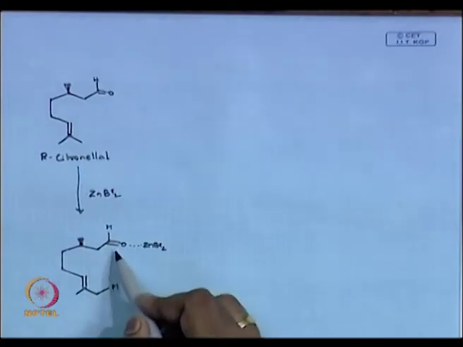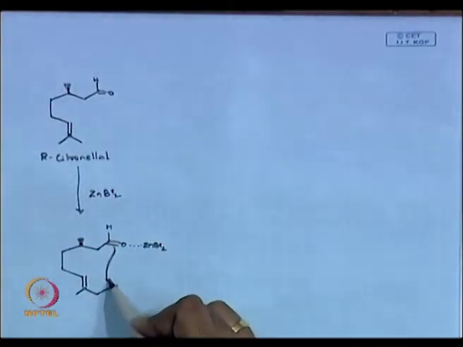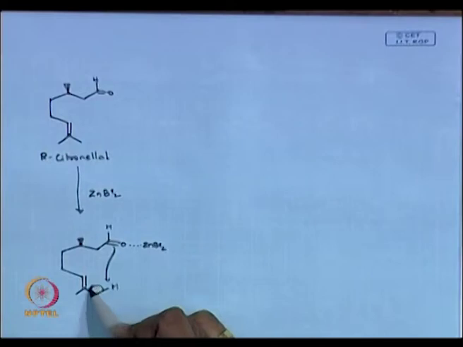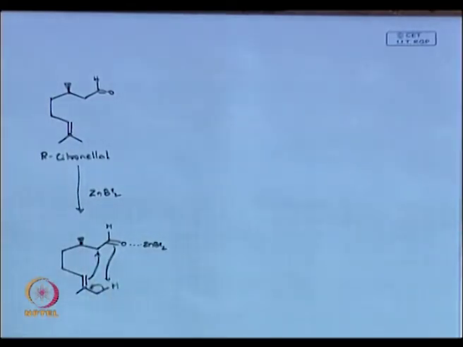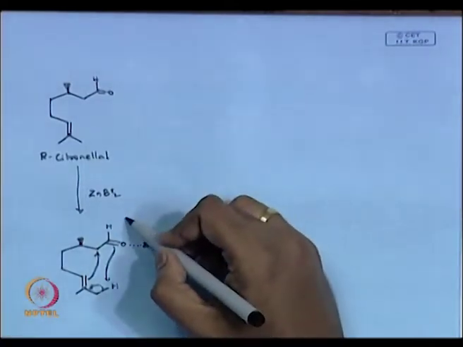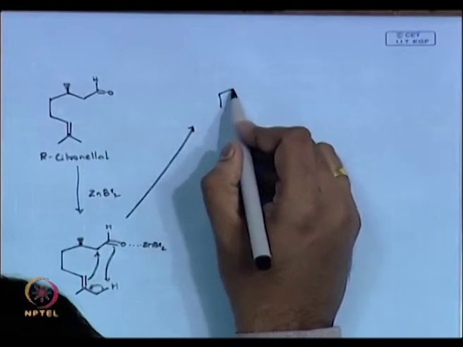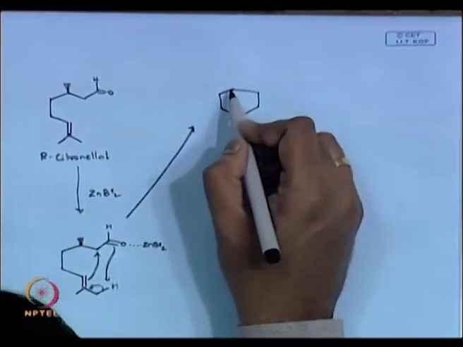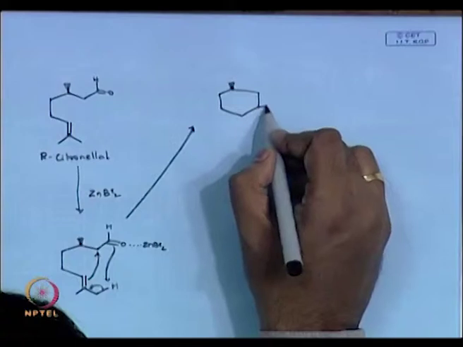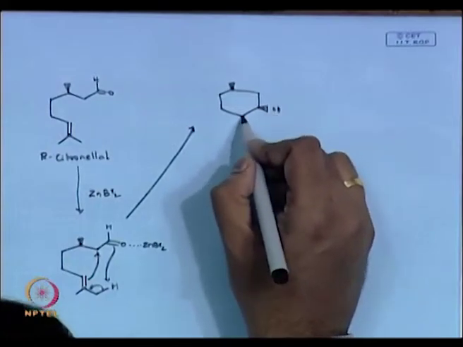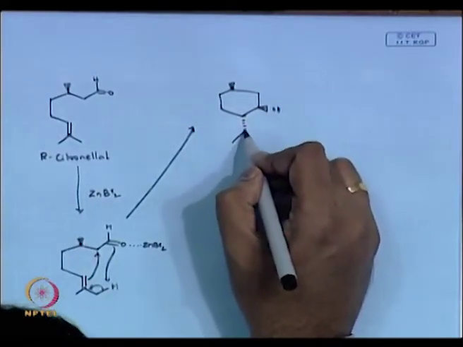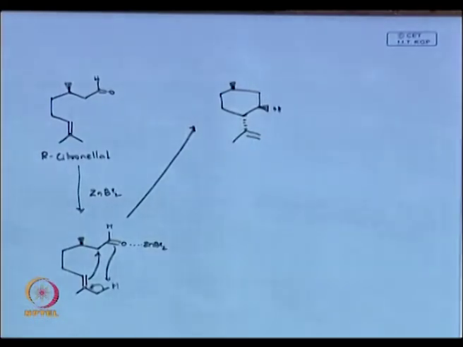So, what happens, I can take this and cyclize, right, to get me my isopulegol. So, I get this, because this is a proper ene, okay, that is fine.